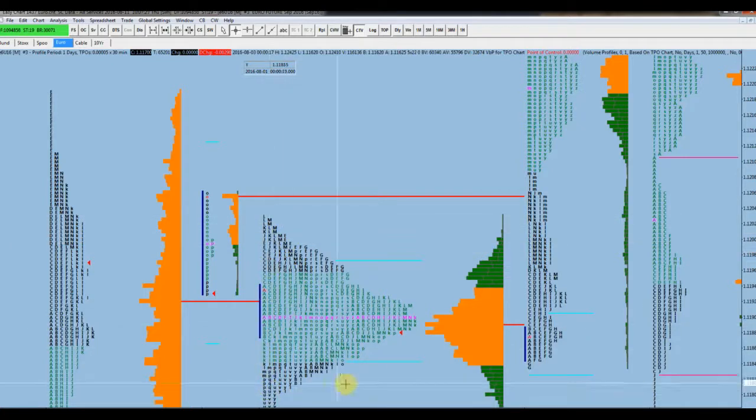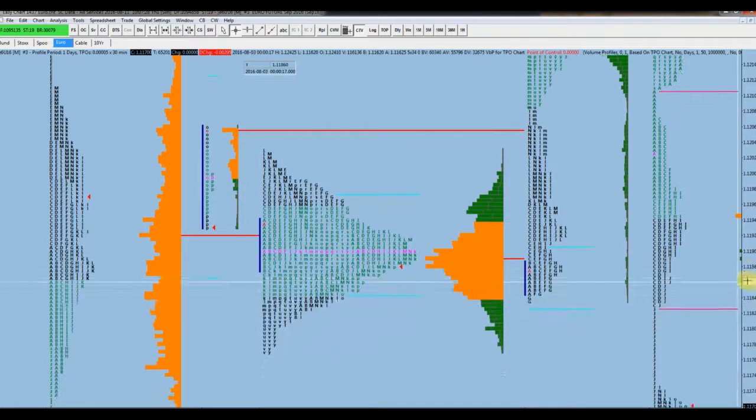What this chart is showing us is that we moved up and down throughout the day, spending the vast majority of it in the middle of this bell curve, with prices not moving a great deal, a low of 111.77 and a high of 112.03. You need to remember those two figures, 112.03 and 111.77.